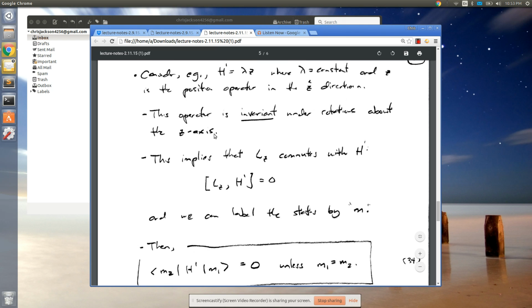And so this operator, we can already tell H1 is going to commute with z, obviously, because it's proportional to z, right? So this thing is going to be invariant under rotations about the z-axis.